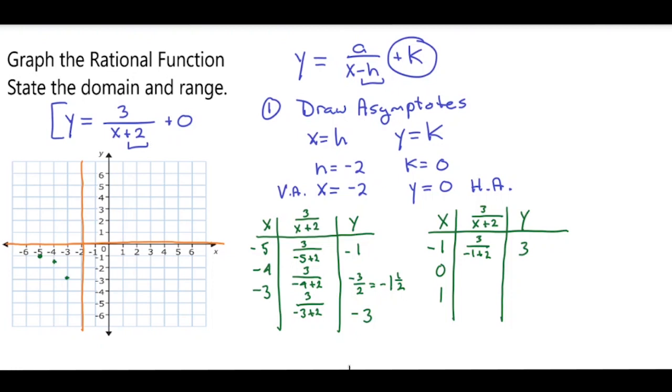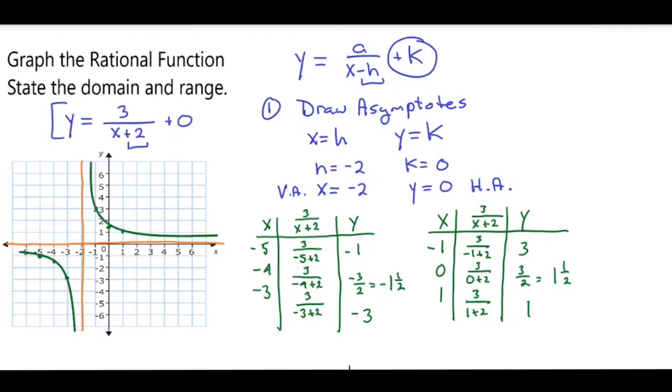If I plug 0 in, that's 3 over 0 plus 2, which is 3 over 2, which is 1 1/2. And then 3 over 1 plus 2, which is 3 over 3, and that's 1. So my ordered pairs for the right side of the vertical asymptote will be negative 1, 3; 0, 1 1/2; and 1, 1.